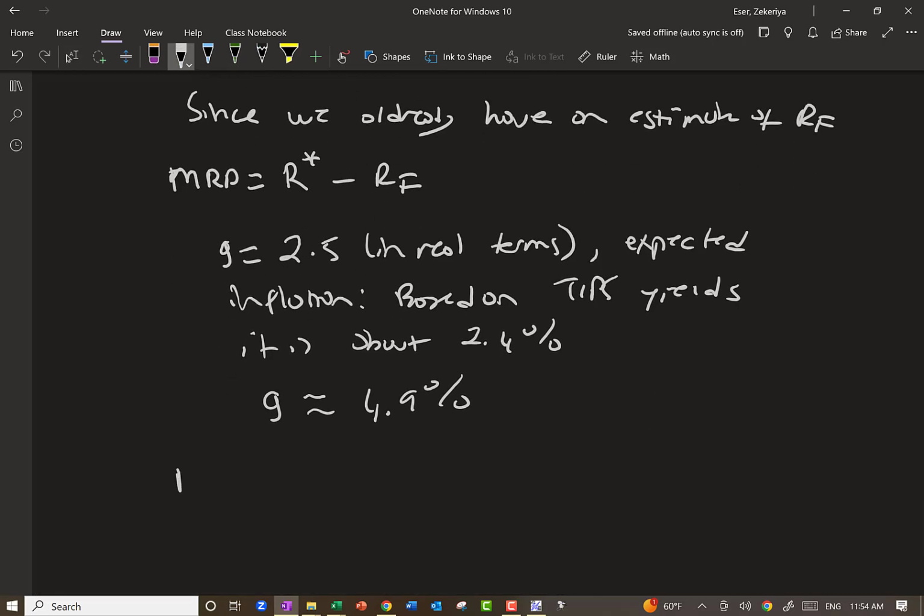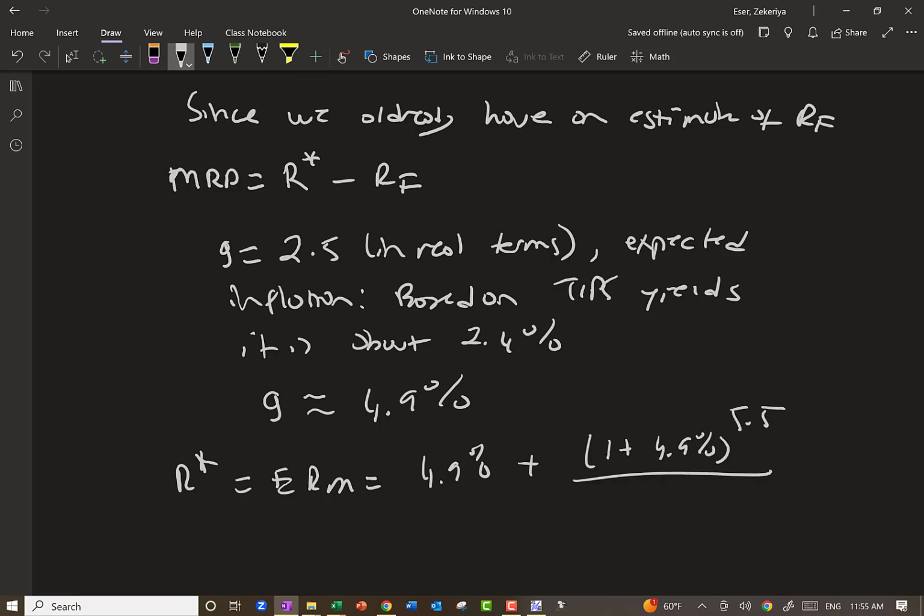Then we can calculate R star, the expected return on the market, as 4.9% plus (1 plus 4.9%)^5.5 divided by 30.